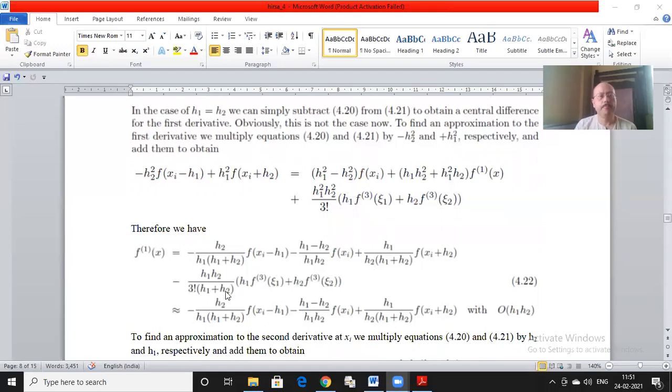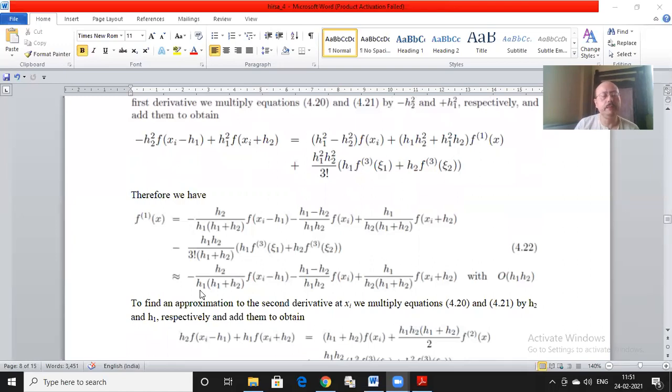But if you look at this expression and use a little bit of approximation, we do a lot of approximation in numerical analysis, so this is fine. Then the first derivative can be approximated by this weightage into f at xi minus h1, this weightage into f at xi, and this weightage into the forward value.